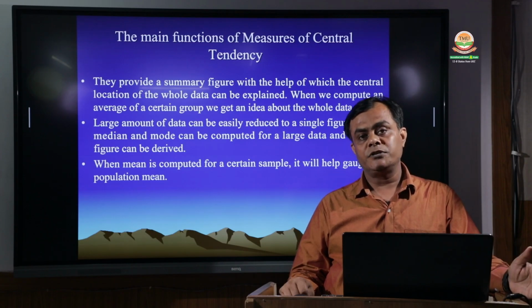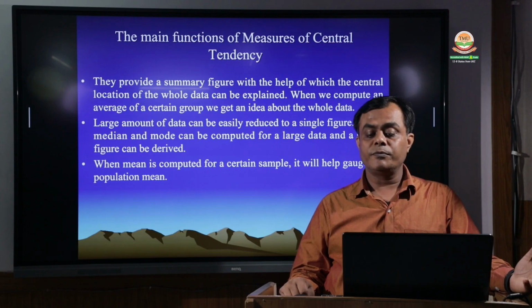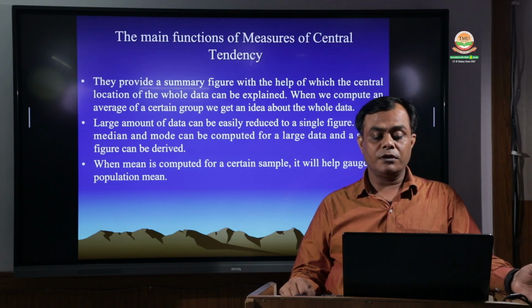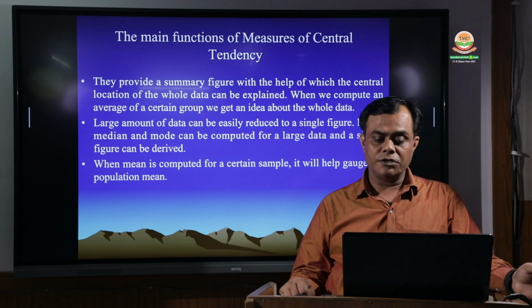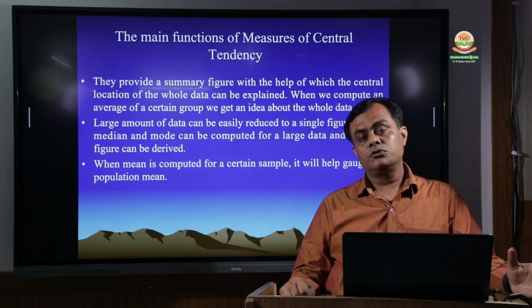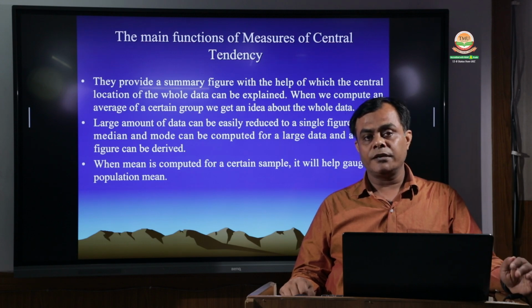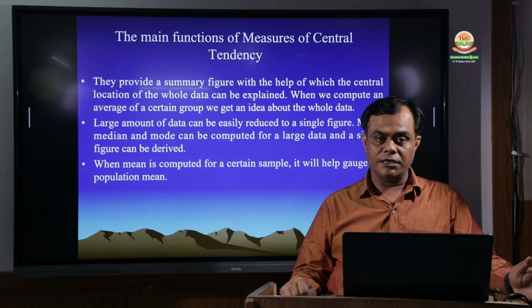The measurement of central tendency gives you the average regarding the whole information. When we compare the average of a certain group, we get an idea about the whole data.